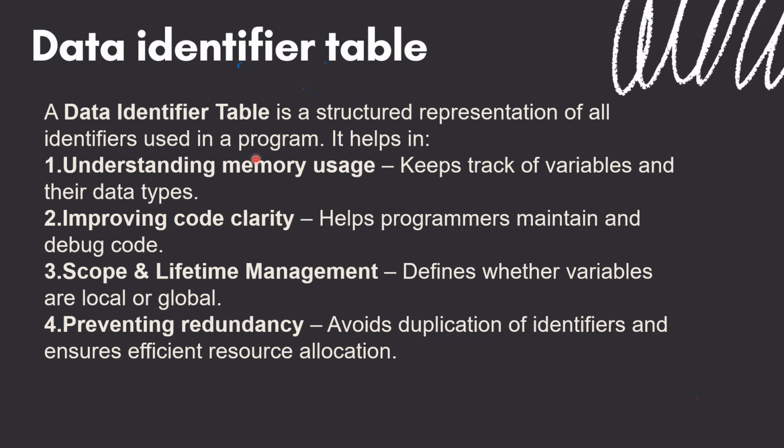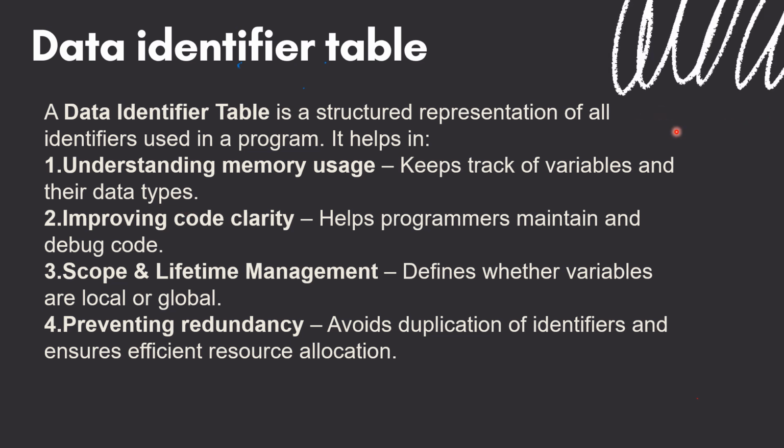It needs to be in a Word document or a file, anything. But it's basically for your convenience. It's to make things easier for other editors of the program or other programmers. So understanding memory usage keeps track of variables and their data types.